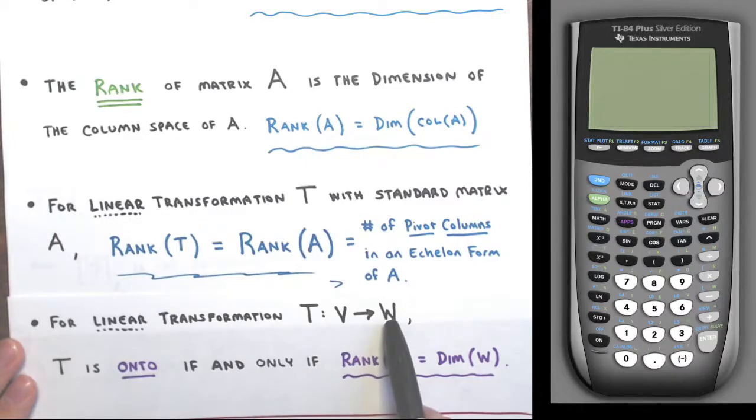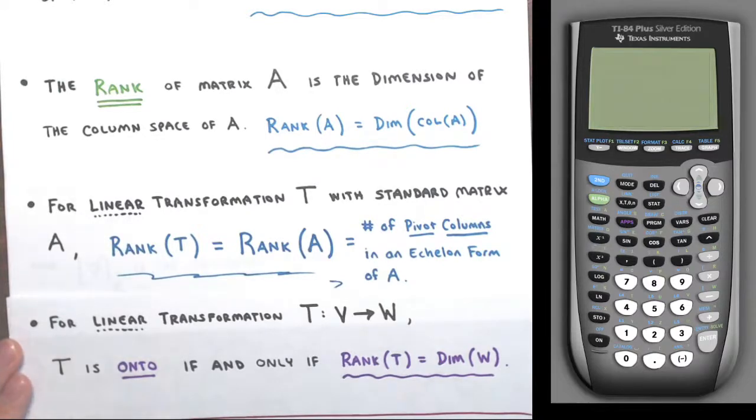In other words, the range of T equals W when it's onto. Well, if the range of T equals W, then they have to have the same dimension. So the rank of T, that's the dimension of the range, is going to be equal to the dimension of the codomain if T is going to be onto.